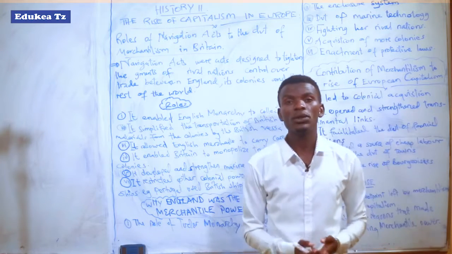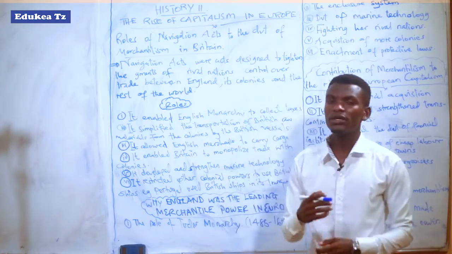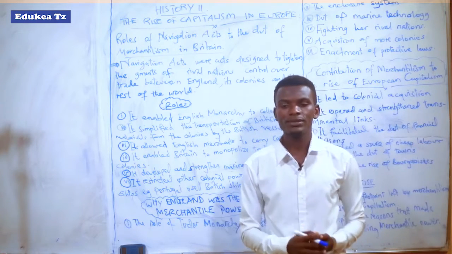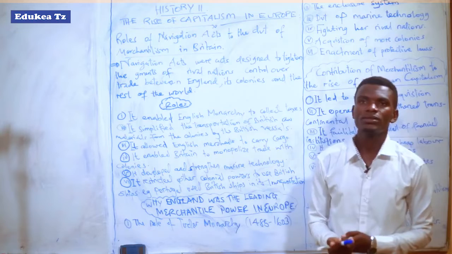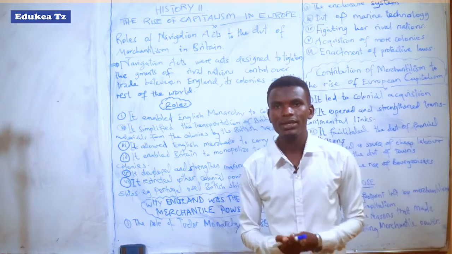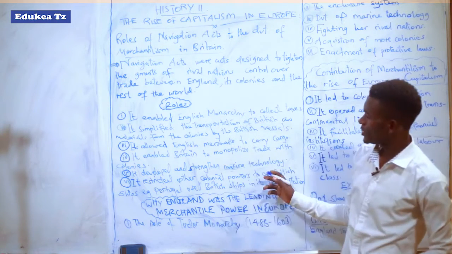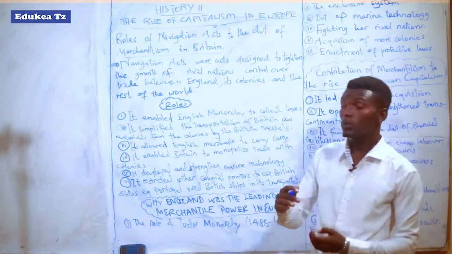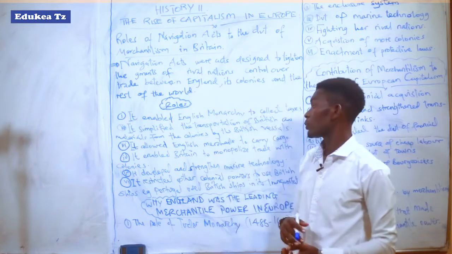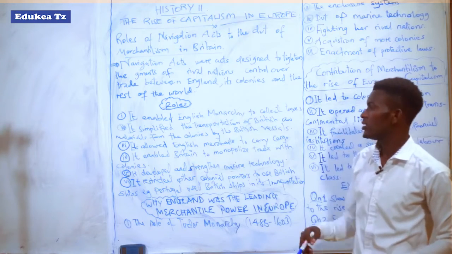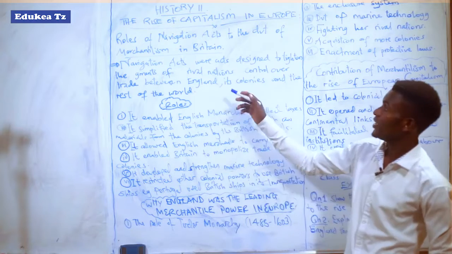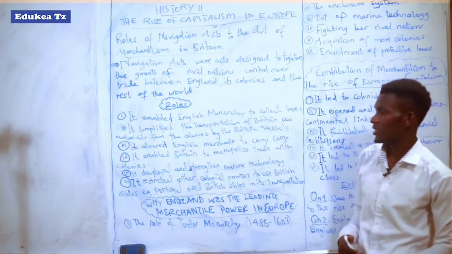So it paved the way for Britain to practice trading activities with its colonies, which led to the development of mercantilism. The whole process of trade was monopolized by Britain in the British colonies, and that led to the prevalence of mercantilism in Britain.